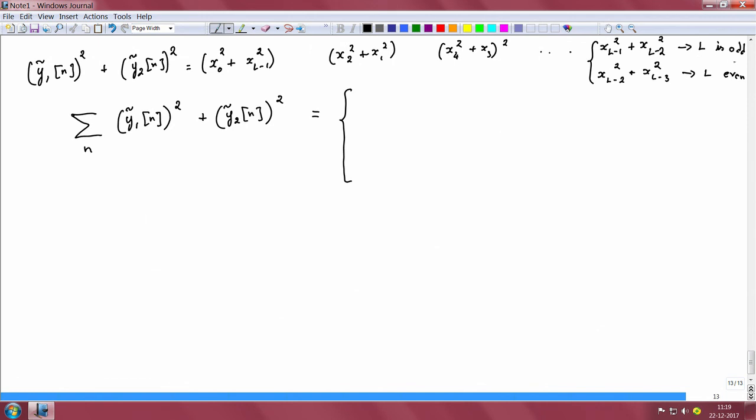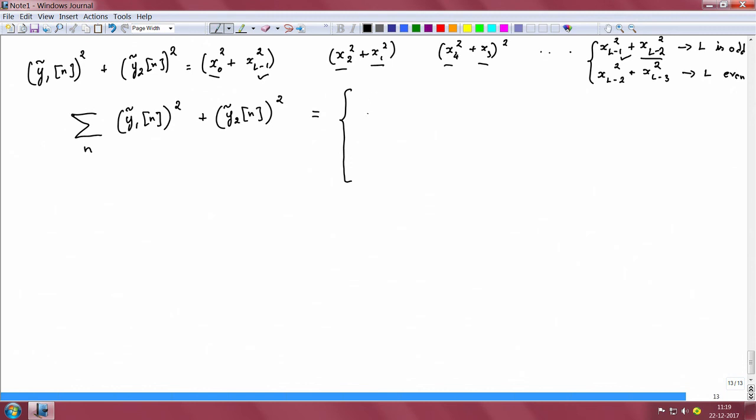If we look at the L odd case, x 0 appears only once, x 1 appears once, x 2 appears only once, x 3 appears only once, x 4 appears only once, x L minus 2 also appears once. However, x L minus 1 appears twice.